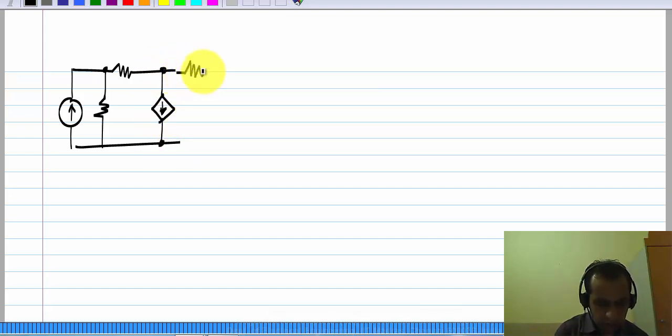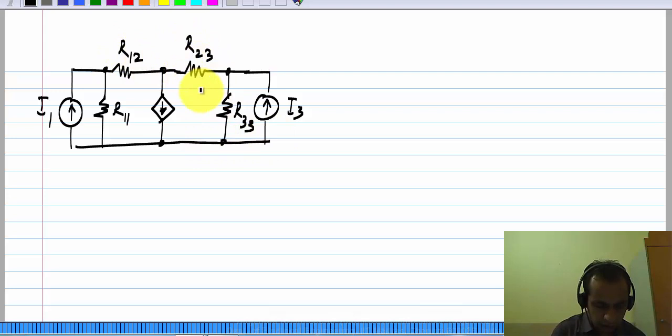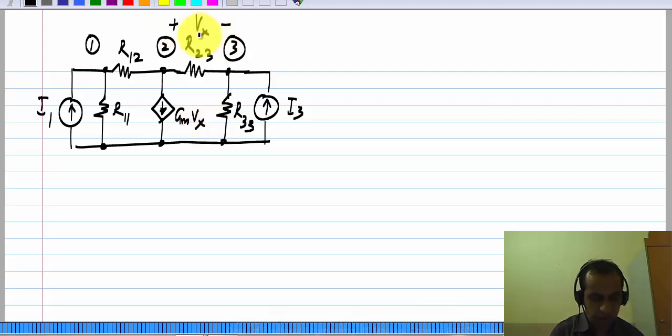So let's say we take a circuit similar to what we have been considering all along, but one of the resistors is replaced by a voltage controlled current source. This is I1, I3, R11, R33, R12, R23, and we have only 3 nodes in here, 1, 2 and 3, and let's say that this current source is Gm times Vx, where Vx is this one.